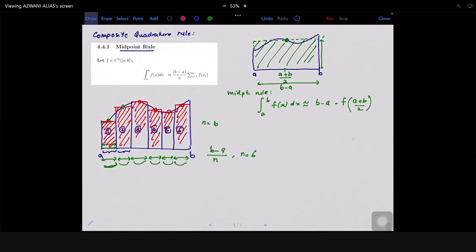Alright. So apa yang berlaku kat sini? Let's say yang pertama ni. The total adalah integral from A to B for the function f(x) with respect to dx. Okay. So dia adalah hasil tambah area yang pertama, hasil tambah yang kedua, 3, 4 and so on.